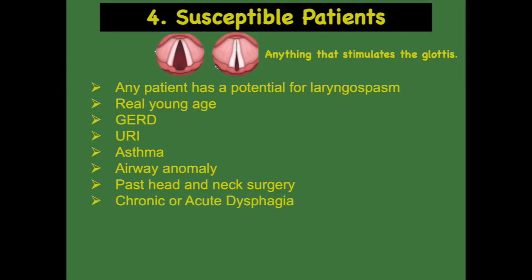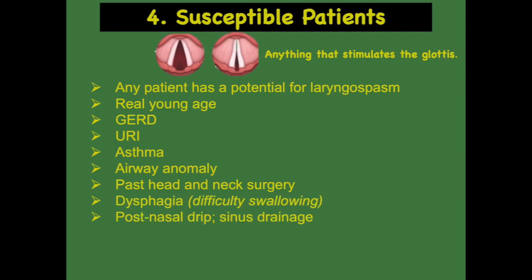Anybody with chronic or acute difficulty in swallowing, which is dysphagia, also makes for a problem clearing fluids and solids from around the glottis. Somebody with postnasal drip, especially if they're leaning back in the chair, makes them very susceptible to the drainage affecting and causing laryngospasm.